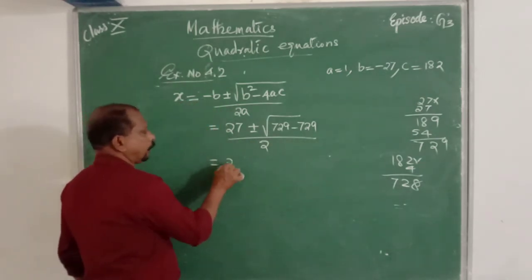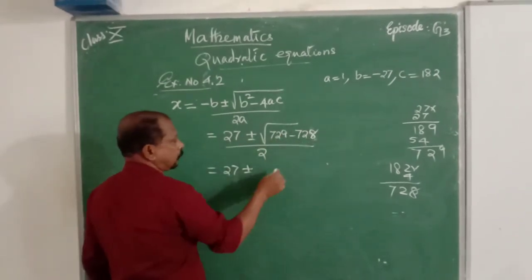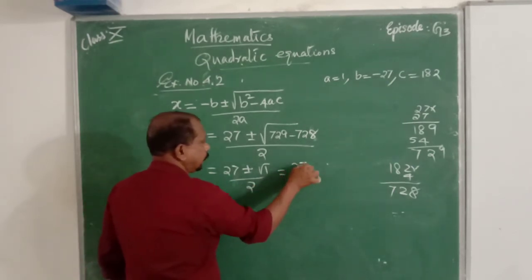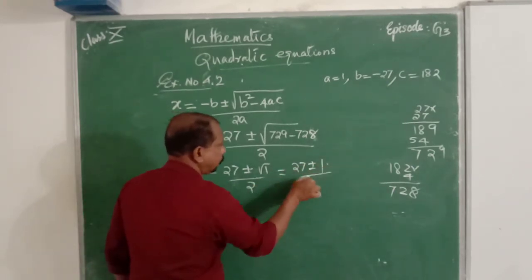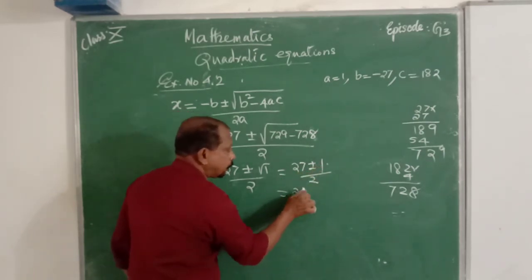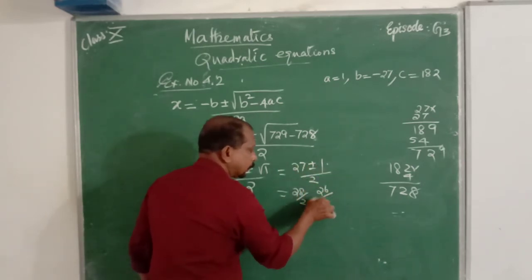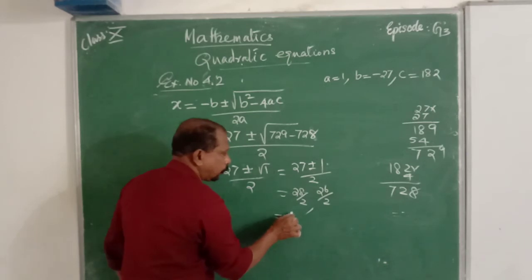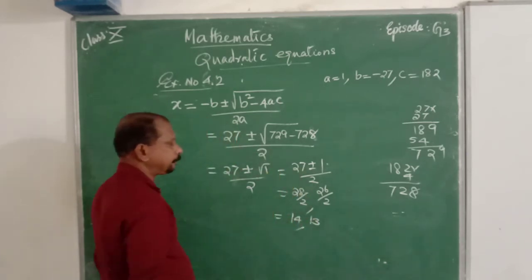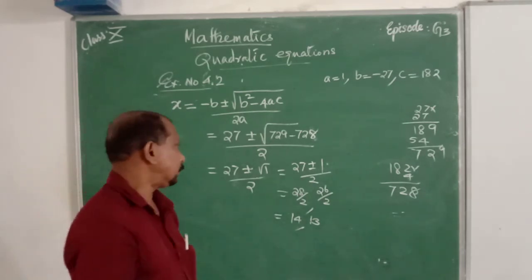That is equal to 27 plus or minus root of 729 minus 728, which is 1, by 2. That is equal to 27 plus or minus 1 by 2, which is 27 plus 1, 28 by 2, comma, 27 minus 1, 26 by 2, is equal to 14, comma 13. Therefore, the sum is 27.